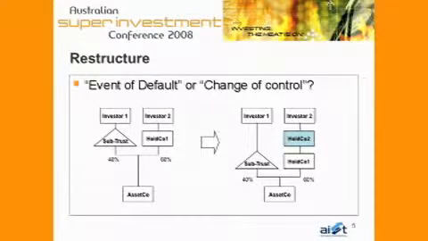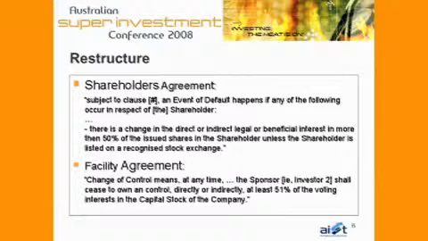So that's the shareholder of Asset Co. So there's an event of default which would give rise to a preempt or preemptive right if there is a change in the direct or indirect legal or beneficial interest in more than 50% of the issued shares in the shareholder, so in holdco 1, unless the shareholder, holdco 1, is listed on a recognized stock exchange. And as I said, this is a real-life example. This is straight out of the shareholders' agreement that we've got.